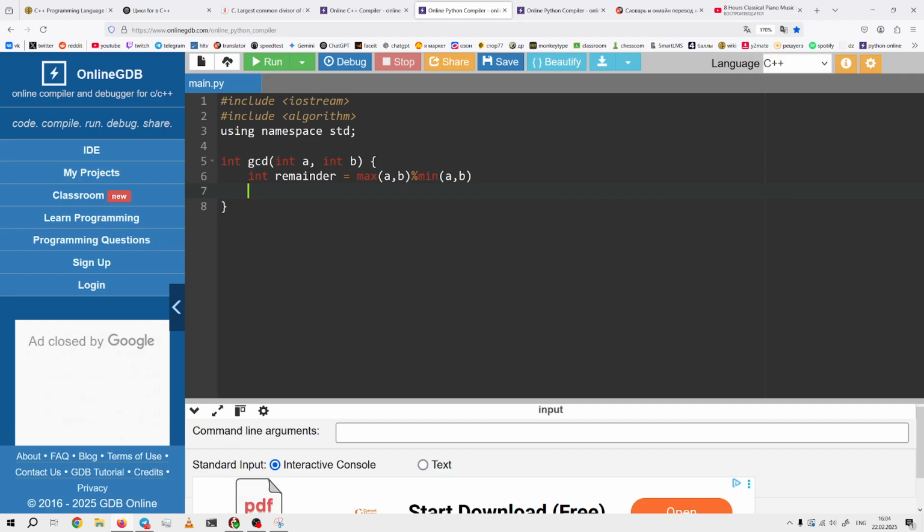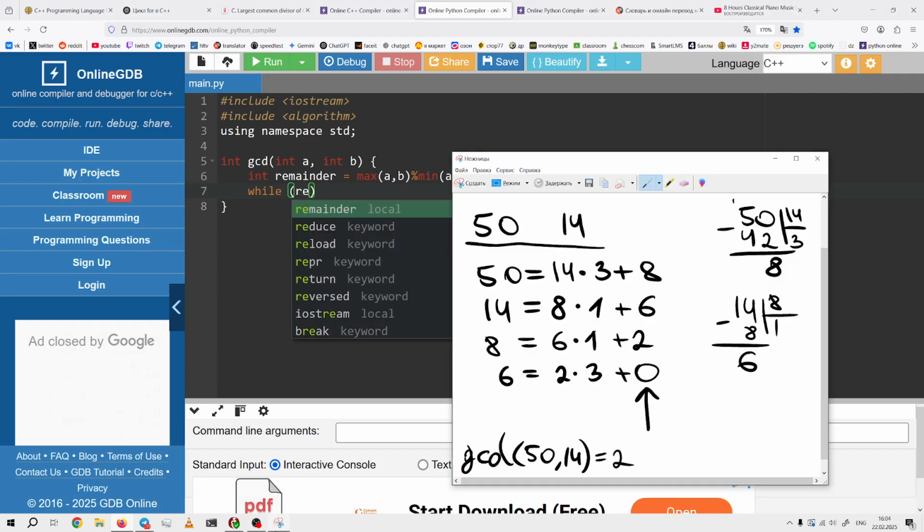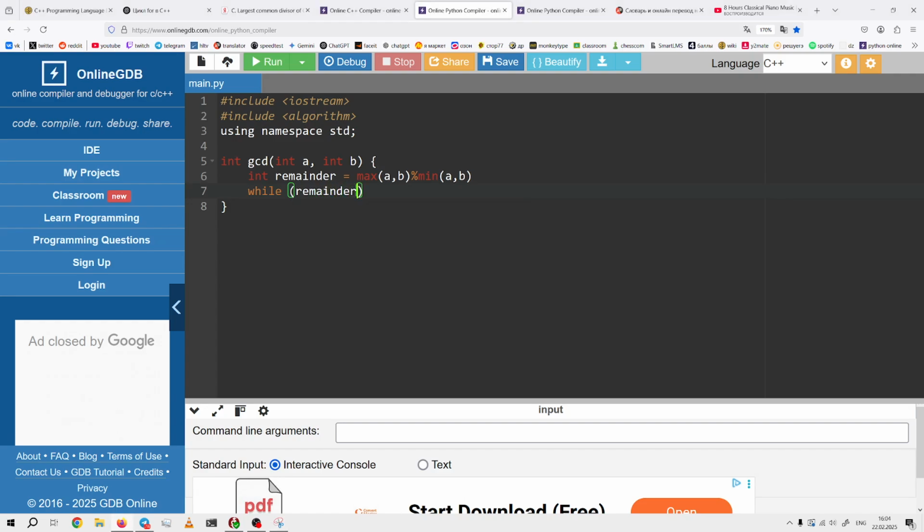So next step, what are we going to do? We are going to use a while cycle. Until what do we need to go? While our remainder is non-zero. So while our remainder is not equal to 0, we write such a function.